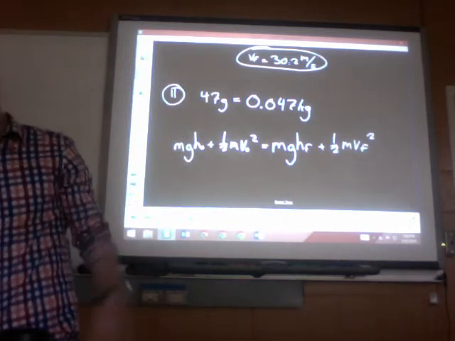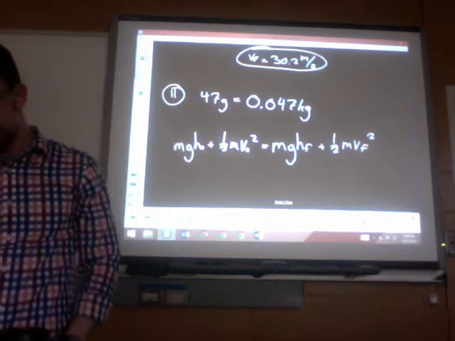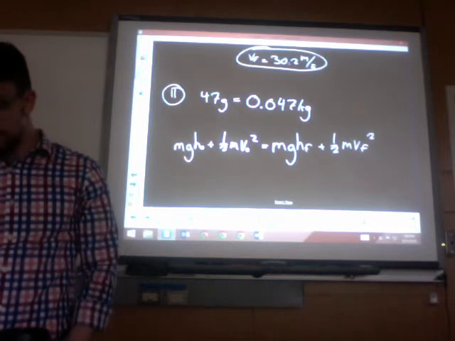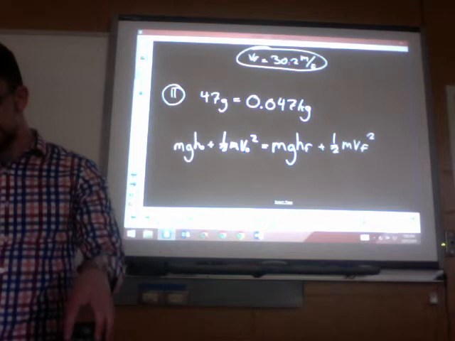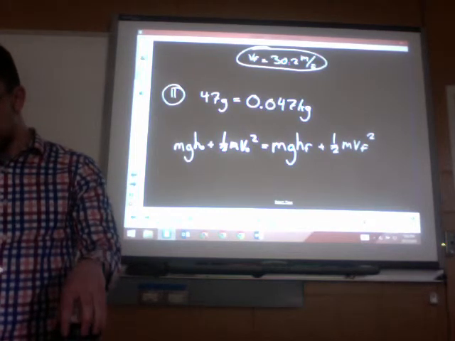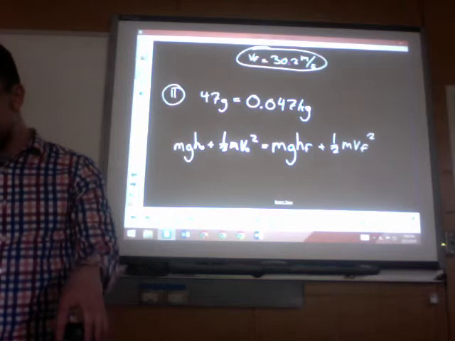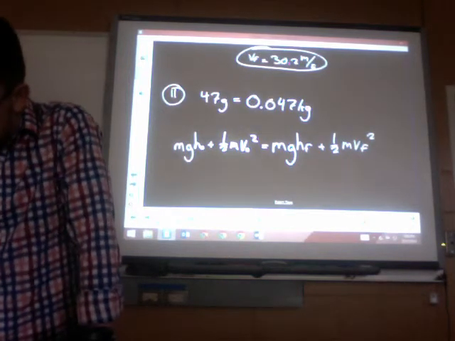It says in the problem, use the conservation of energy. So if you're noticing the trend, we're using conservation of energy on all 3 problems for energy. But it'll tell you. Anyway, a golf ball is driven from the tee with an initial speed of 52 meters per second.